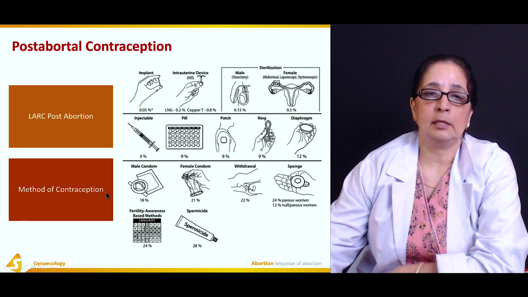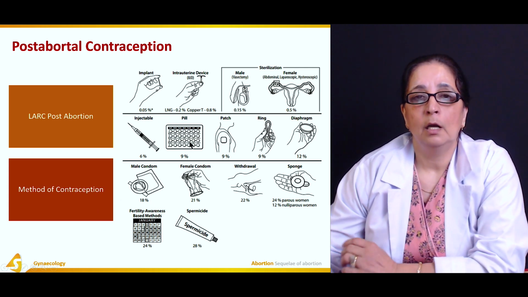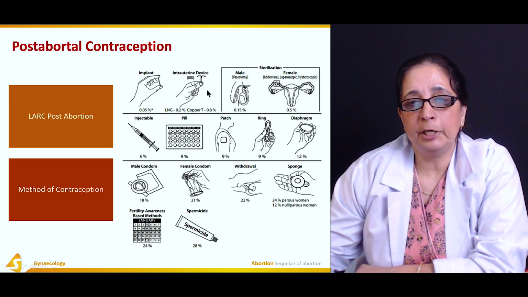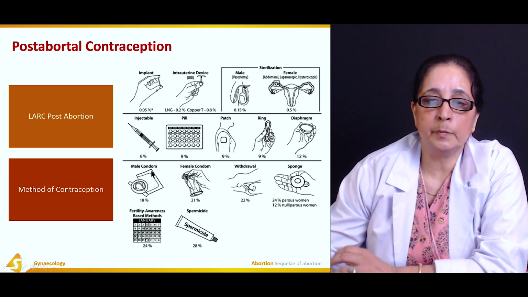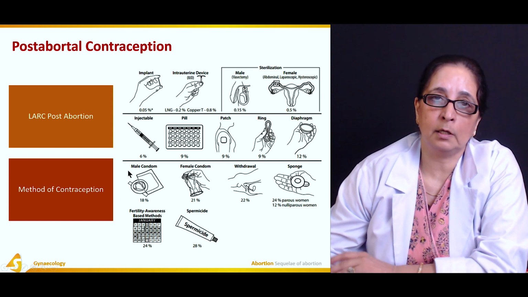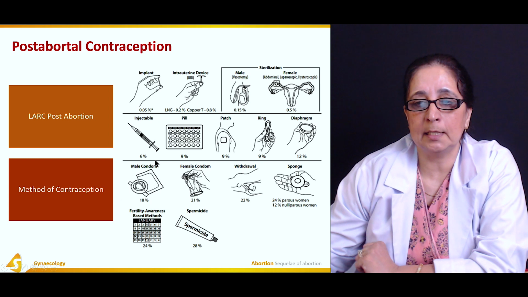Then other methods of contraception are also there, in which combined hormonal pills are available, IUDs are there, and then you have condoms available. Condoms are very effective, especially for protection against sexually transmitted diseases.